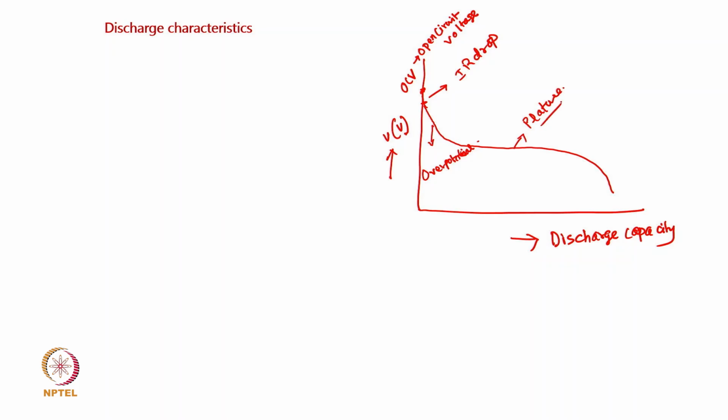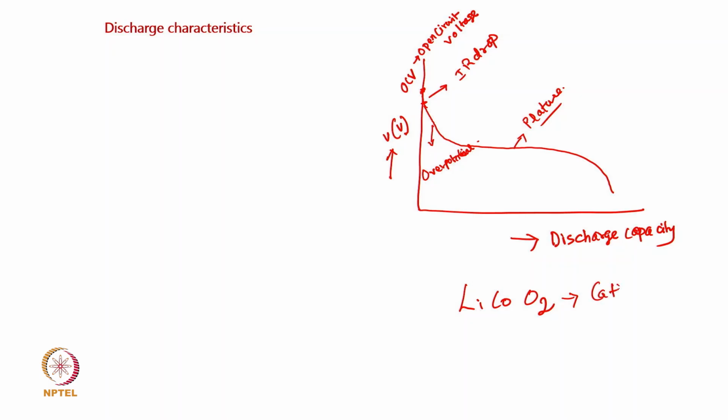Because now this de-intercalation process starts, and the cathode is accepting the lithium ion by again an intercalation process inside the cathode.